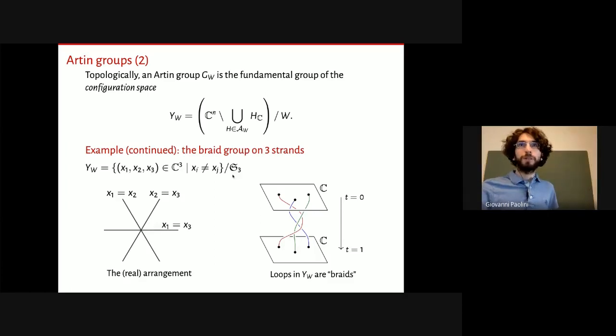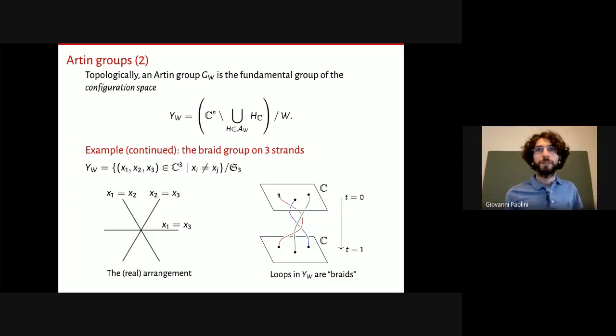And if you think about this, this is basically the space of configurations of 3 points in C, of 3 complex numbers in C. So as a topological space, you can look in the bottom right, a configuration corresponds to choosing 3 points in C, and you don't care about the order of these points.